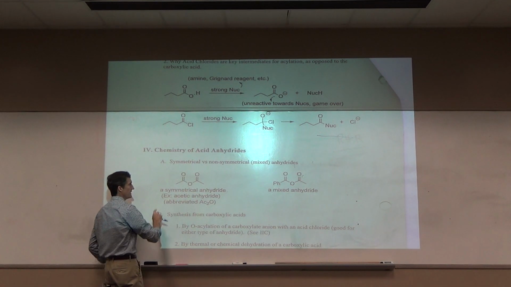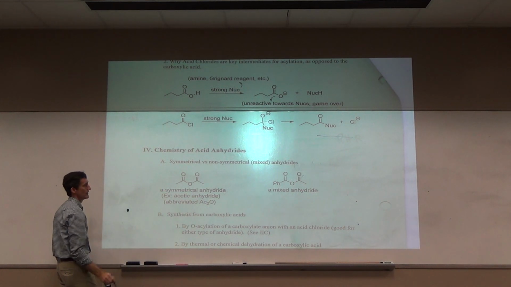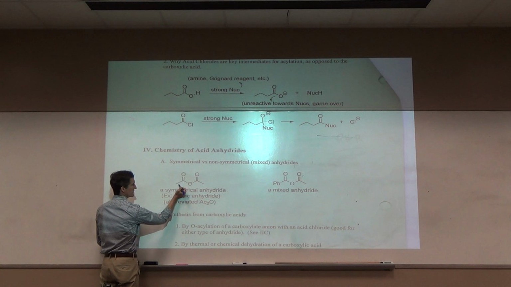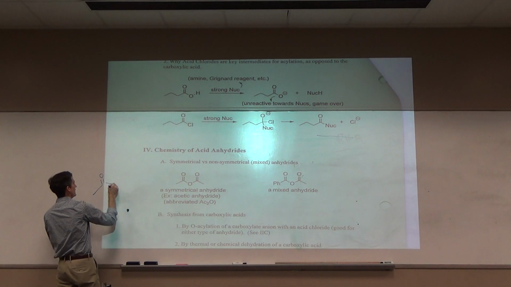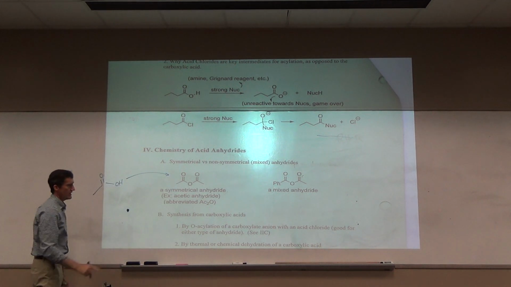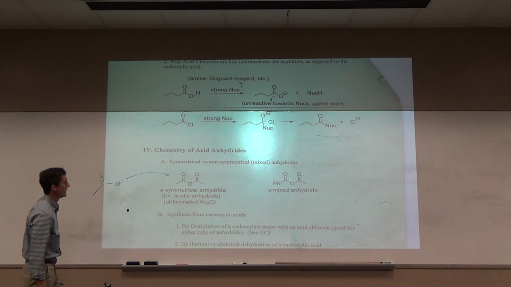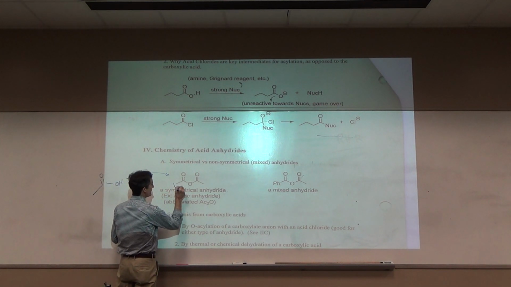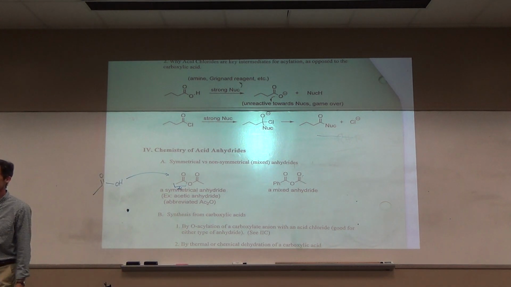Symmetrical anhydride. Now this here is acetic anhydride, because this is an acetyl group. And it's the anhydride that comes from acetic acid. I showed how to make it here. Now the methyl carbonyl is just acyl, abbreviated Ac.